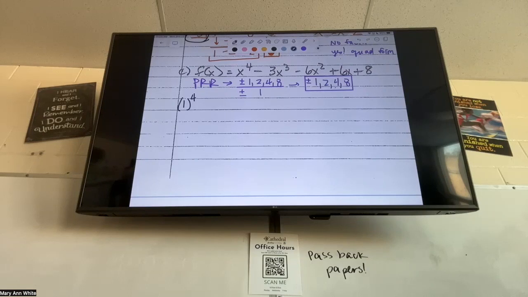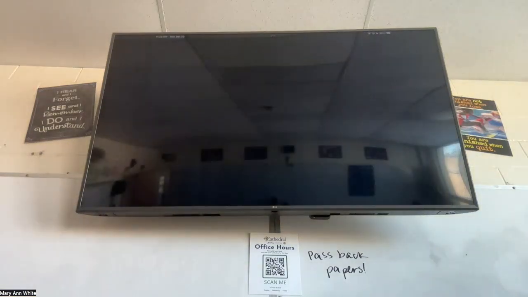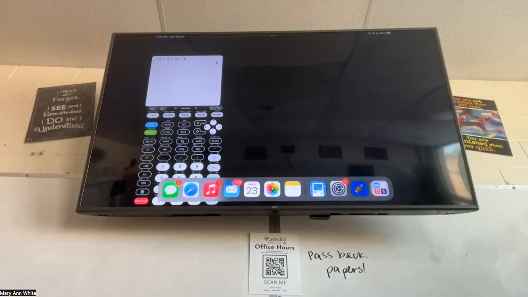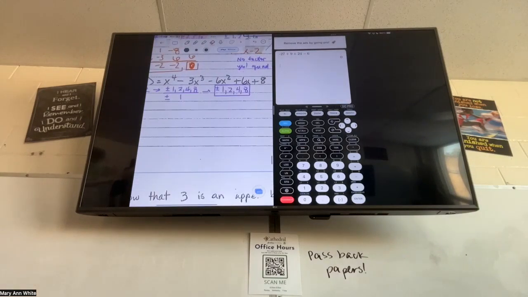But sometimes plugging it in is pretty easy, because a lot of times you can just throw this into your calculator and then just change the x's really easily, so it's not that hard to do. So this is what I would do if I were to plug it in. I would make sure to use a lot of parentheses just so I don't lose anything.